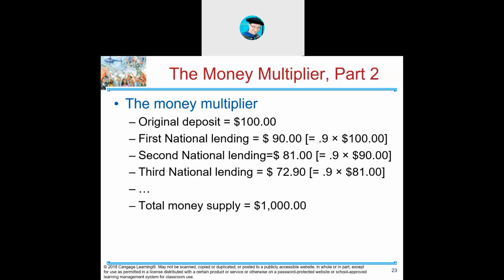Second National Bank will have $81, 0.9 times 90. Third Bank will have $72.90, 0.9 times 81, which means the total money supply of all the banks added up, obviously there's a bunch more, would be $1,000.